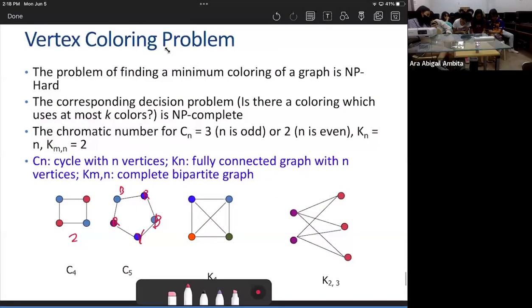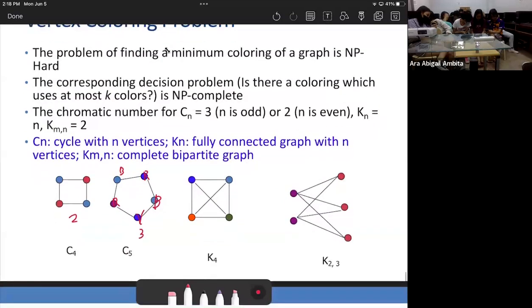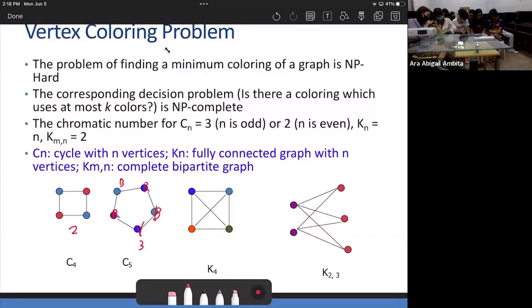So also three colors. Yeah, in K4, it will be 4 colors. The problem of finding a minimum coloring of a graph is NP-hard. So it's not really solved yet. It's a difficult problem. So maybe someone in your batch will find the solution.